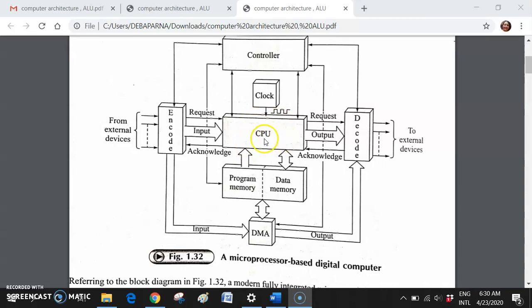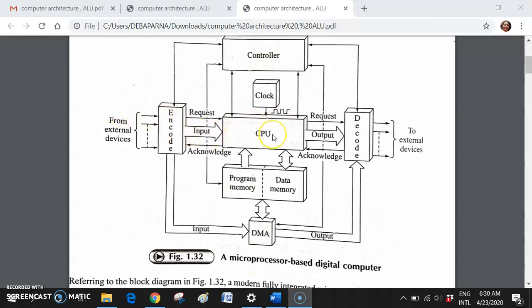According to the program, it needs to take data from the outside world. It will take data from different input devices, one device at a time. It is actually working in time sharing mode. It cannot take all the input device data at a time and process it, otherwise everything will jumble up. So at a time only one data is allowed to come here.